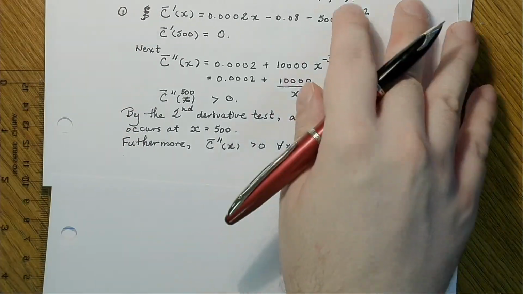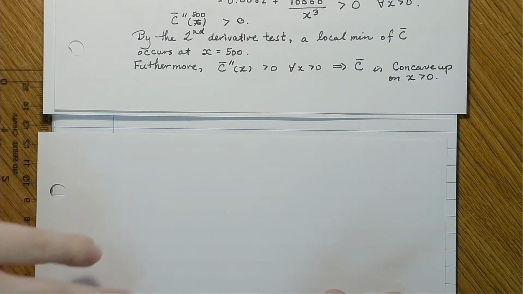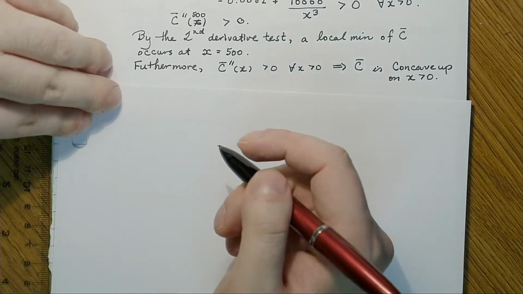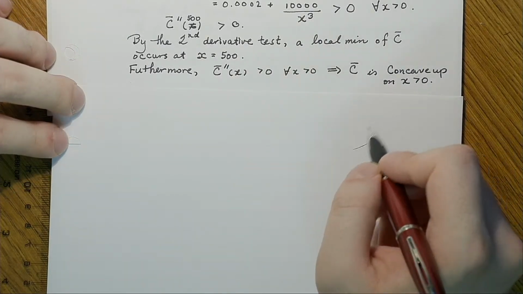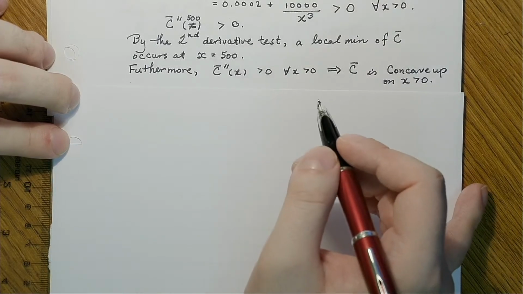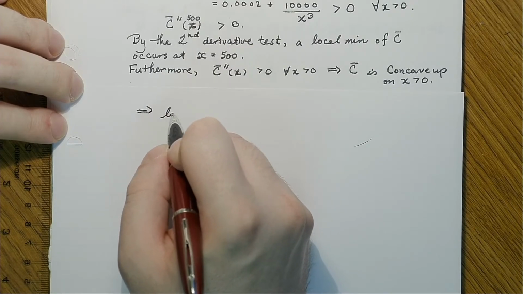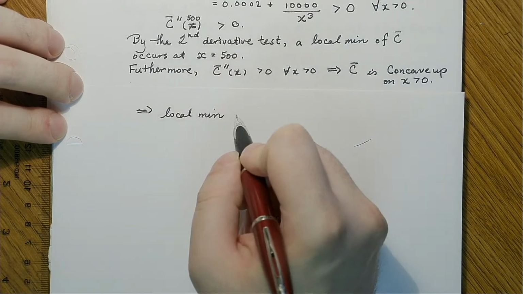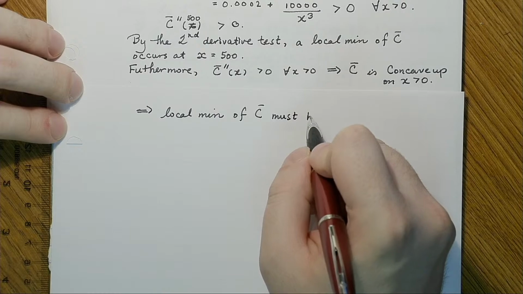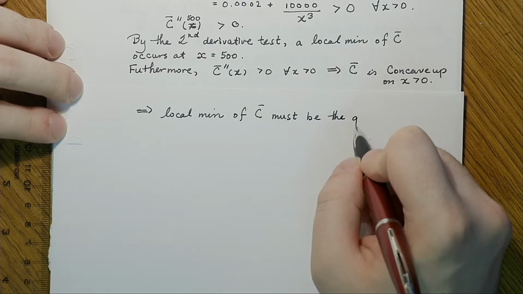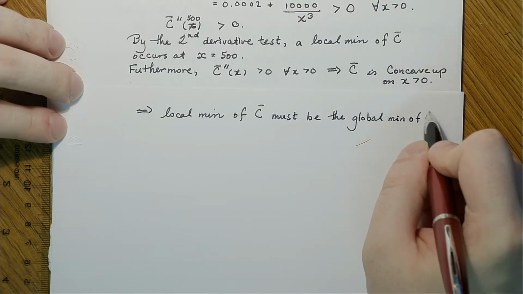So we have a local minimum, and what I'm going to do now is show that it is a global minimum. Because this is concave up, and it keeps going up and up and up, this implies that the local minimum of C bar must be the global minimum of C bar.